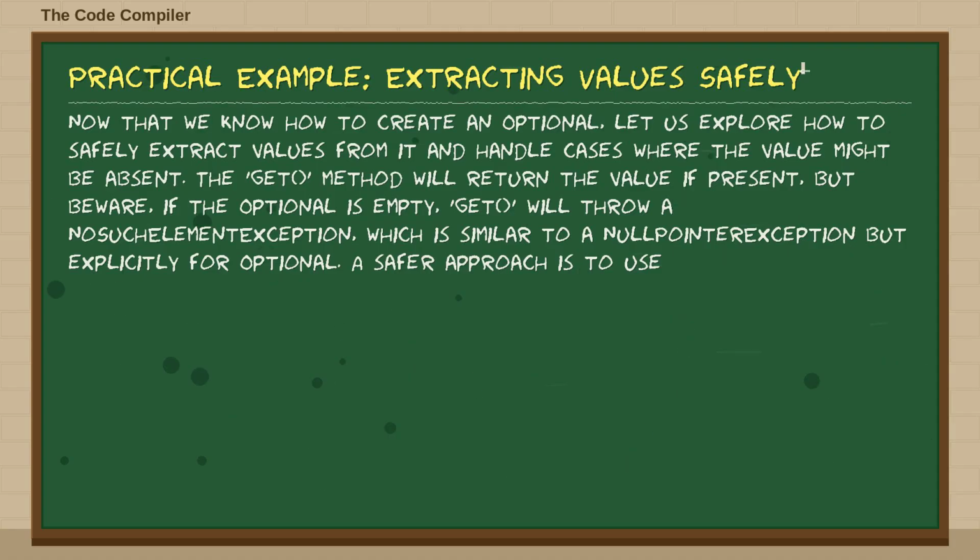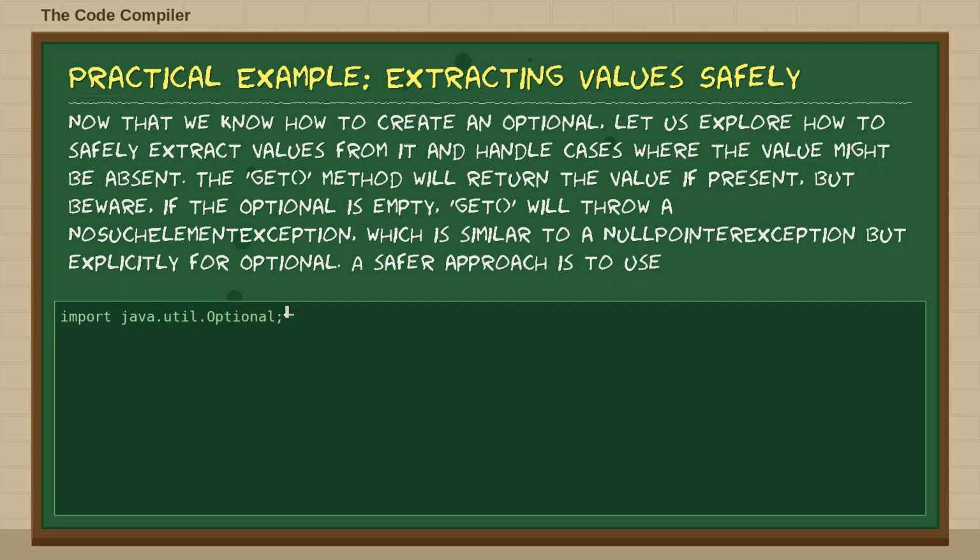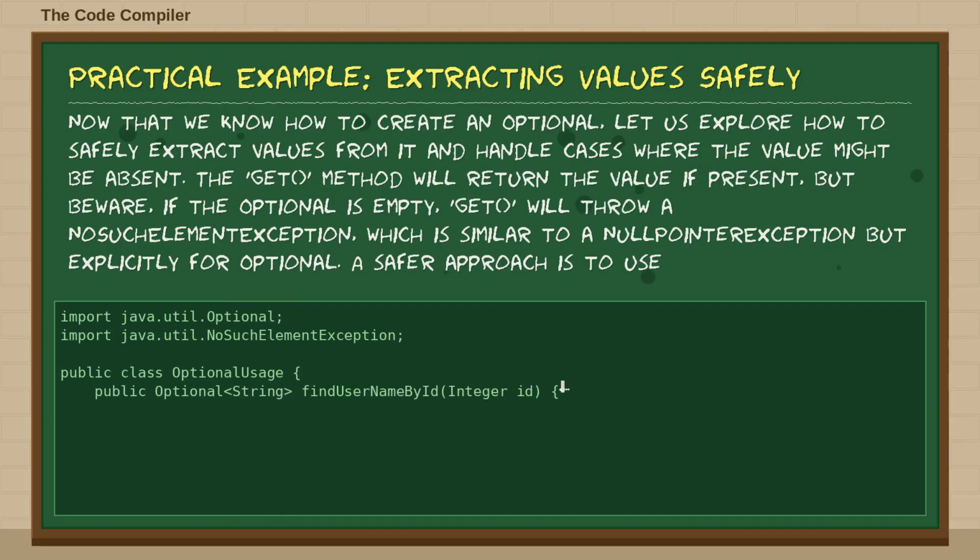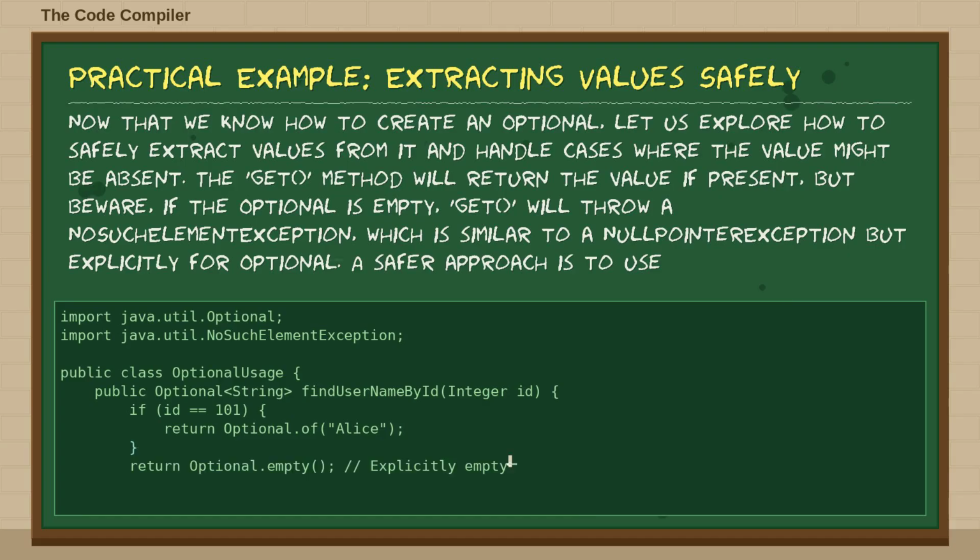Additionally, ifPresent(consumer) allows you to execute a block of code only if a value is present, making your code very clean. These methods encourage a functional programming style, leading to more readable and expressive code compared to traditional null checks.